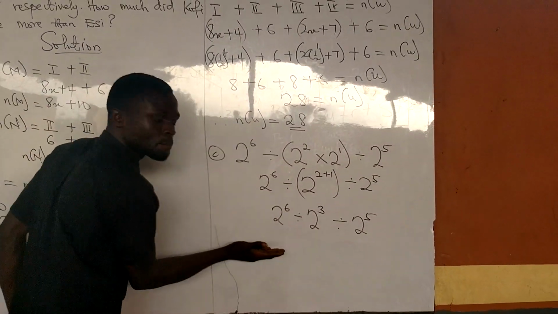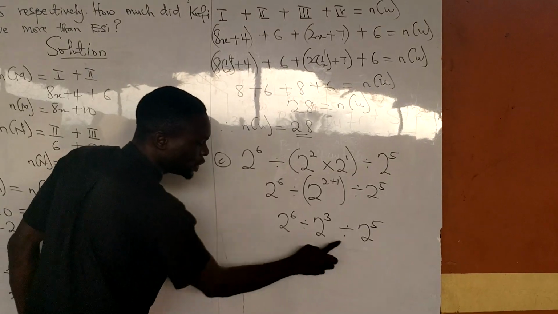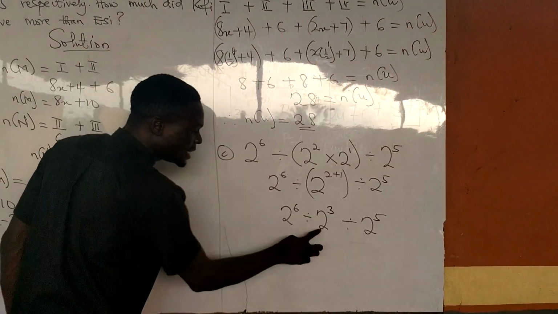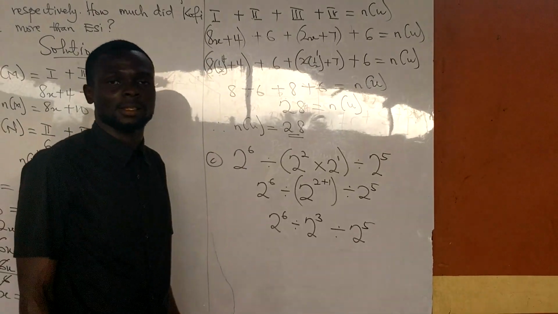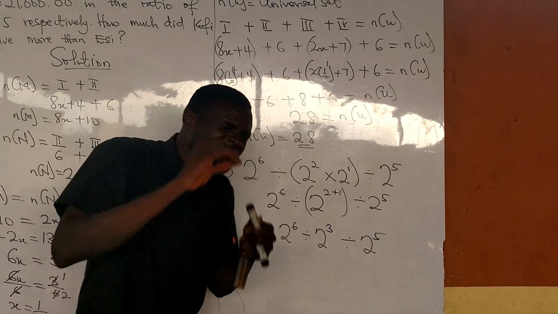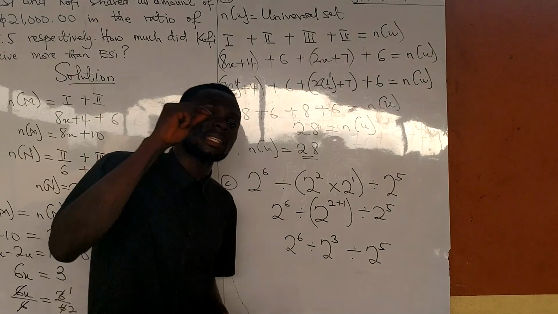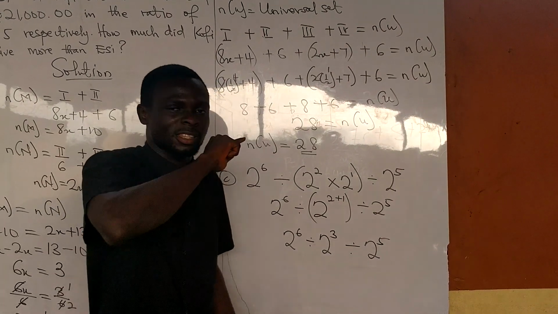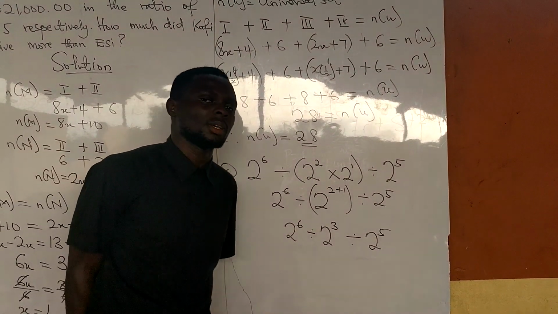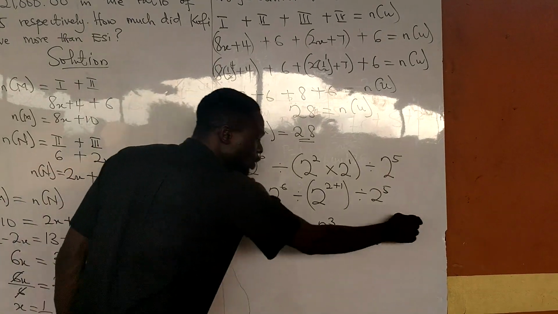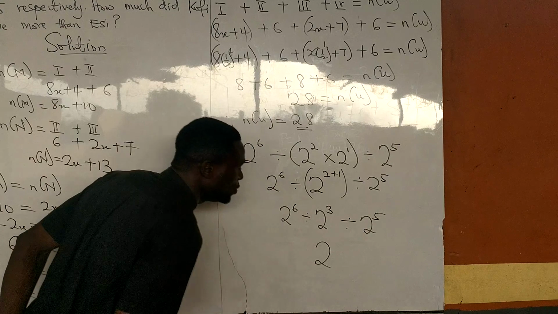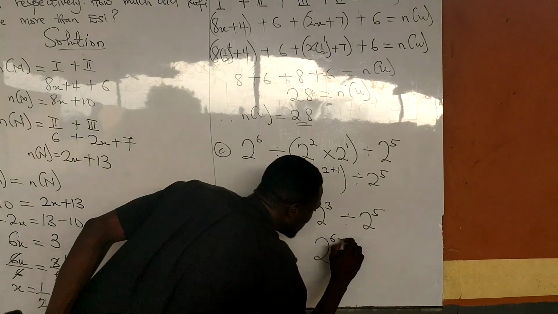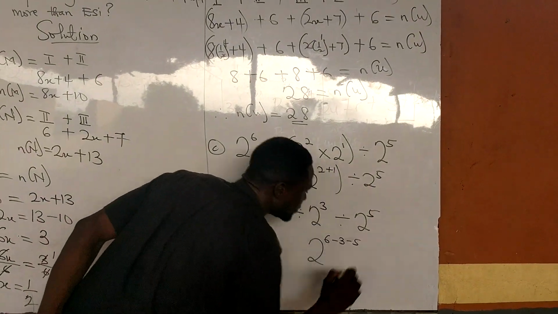So from here, you have division. The bases are the same. That is the second law of indices. If you are dividing and the bases are the same, subtract the powers. So we are going to subtract each of the powers from each other: 2 raised to the power 6 minus 3 minus 5.